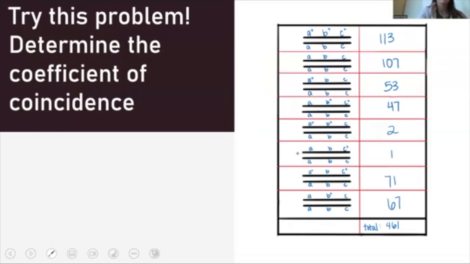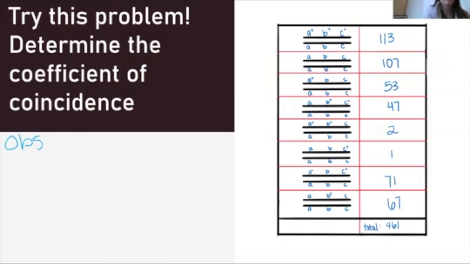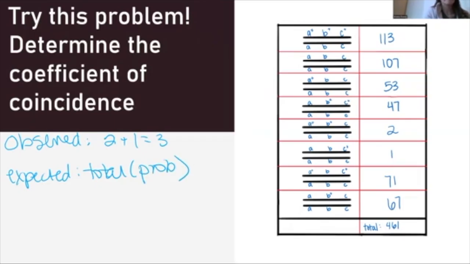Let's try it out. So first I find my observed, which is my two smallest numbers added together. 2 plus 1 equals 3. That's the number of double crossovers I observed. To find my expected, this is the total times the probability of a double crossover happening, which is 461 for my total, times 0.068.